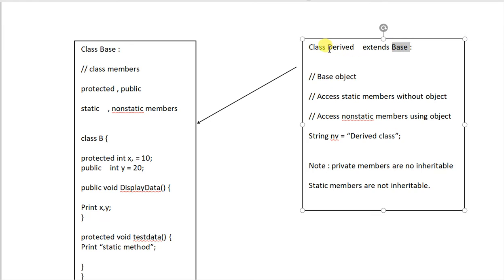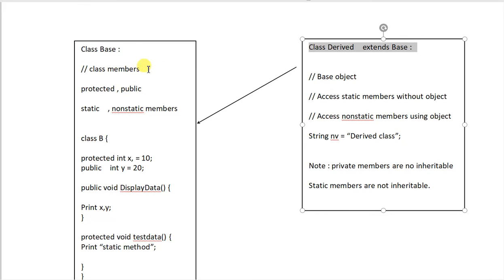That means here we wrote class Derived extends Base. Base is the parent class or base class, and Derived is a class derived from the base class. Extends is the keyword which tells that Derived is derived from the base class. By using the extends keyword, we can inherit a specific class.